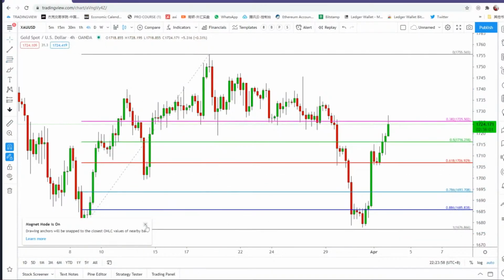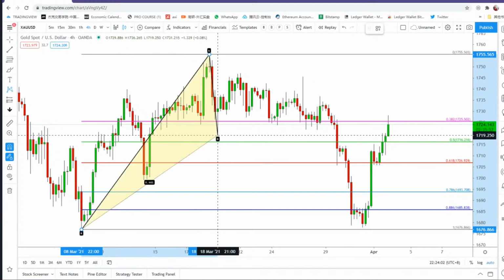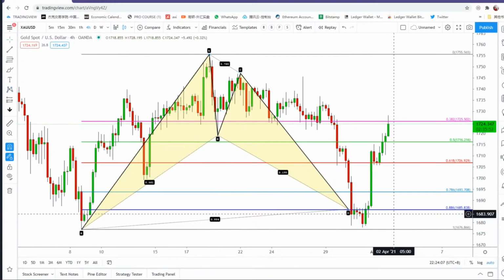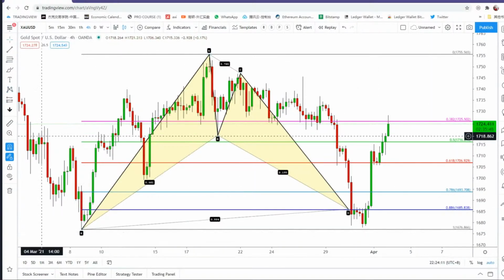It hits the criteria of the bat pattern very nicely. The ideal entry was at 1685, and the stop loss should be given below the X.